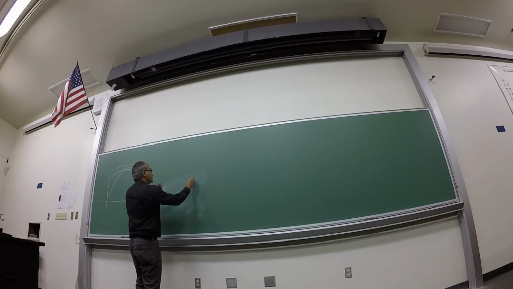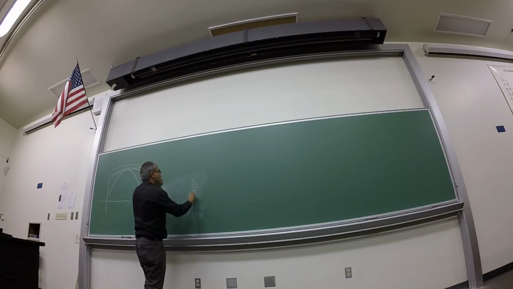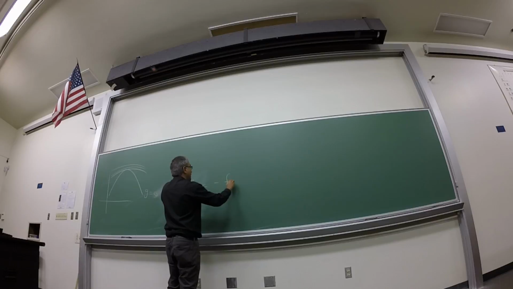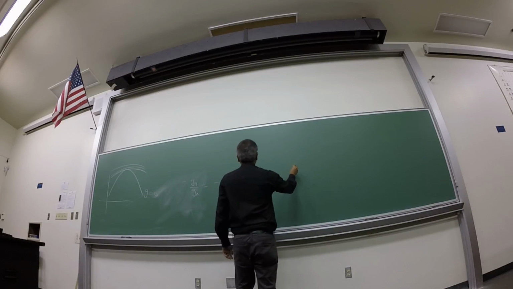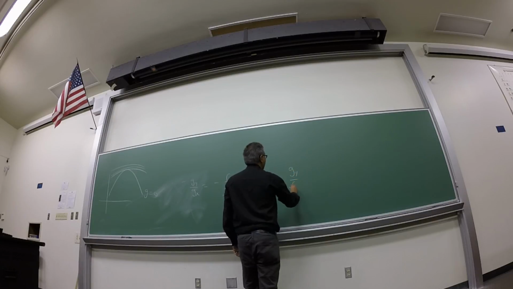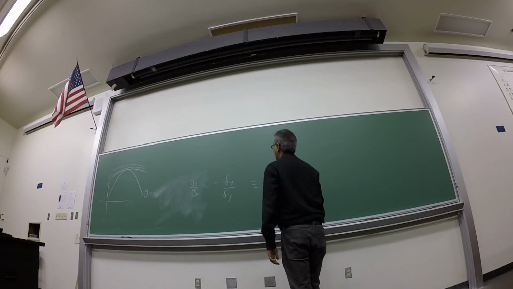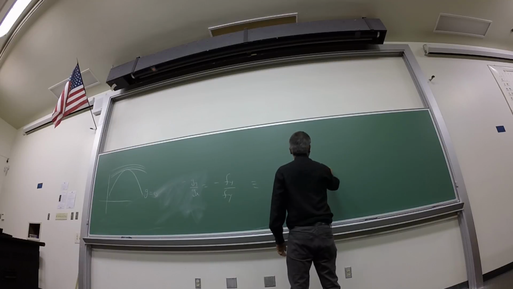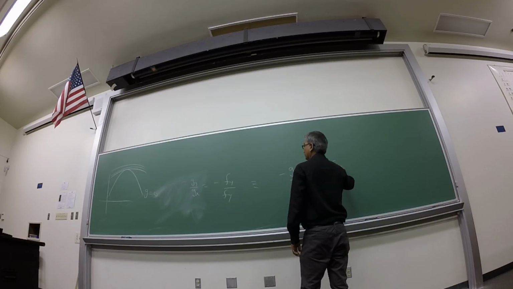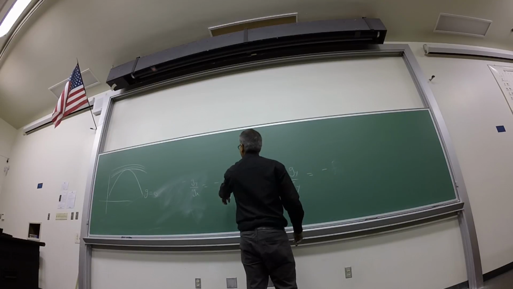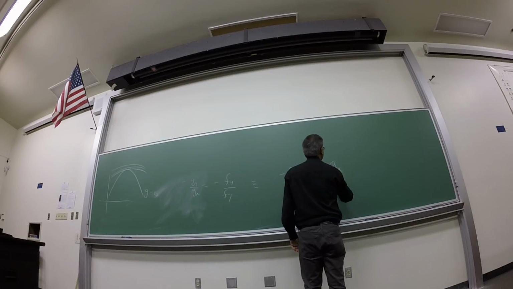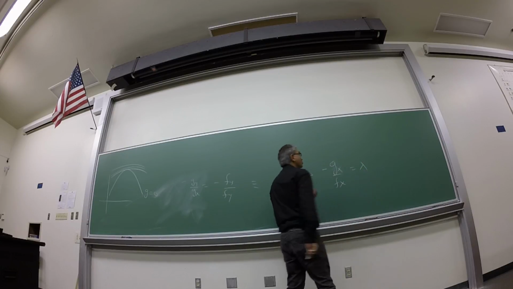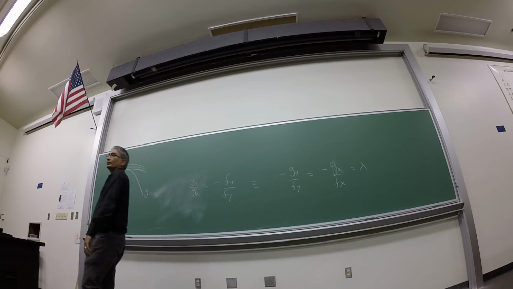That means minus gy over gx equals minus fy over fx, or equivalently gy over fy equals gx over fx, and we said this is also equal to what we call the Lagrange multiplier lambda. Okay?